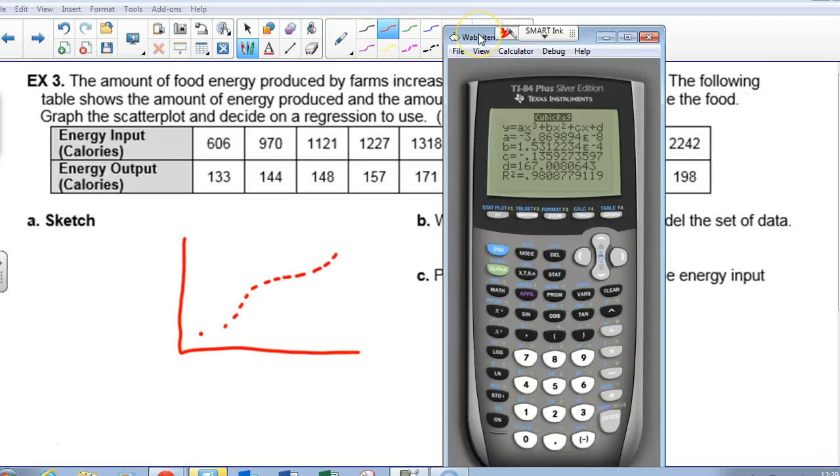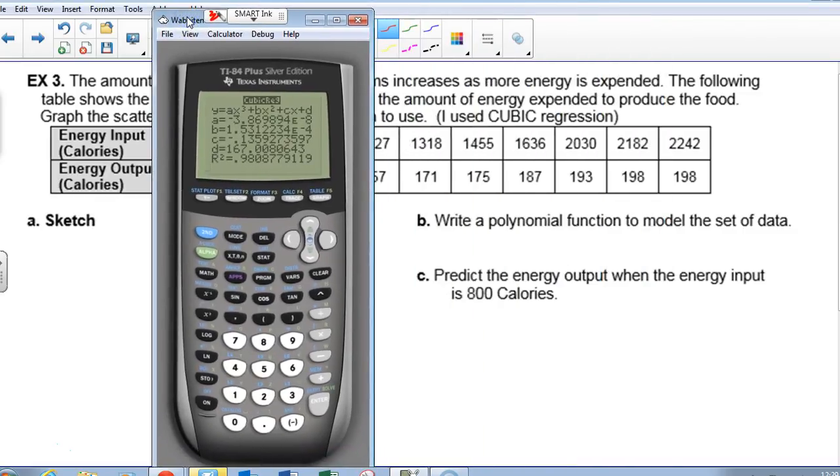Before I erase this from the screen, since we do know that's what we're going to write down, look carefully at this before you write it down. What's going on? Anybody see some really weird stuff? Am I going to write down y equals negative 3.87x to the third plus 1.53x squared? Oh, no, I see. Look at that back there. It's got that e negative 8. So that's just the way I wrote it down because I was lazy.